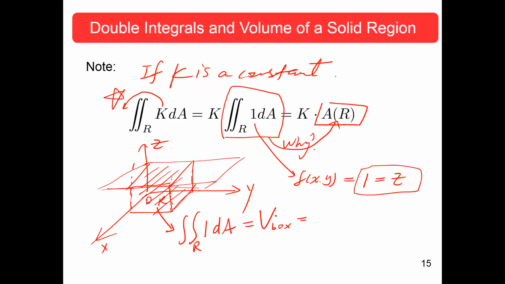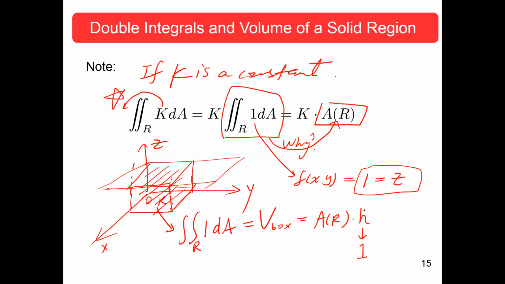How do we calculate the volume of this box? Area of the base times height. So the area of the base, which is the area of the region R, times the height. What is the height here? I'm only looking at this double integral here, the double integral of 1 dA. So what's the height here? 1. Yeah, the height would just be 1, because z is only 1. Make sense?